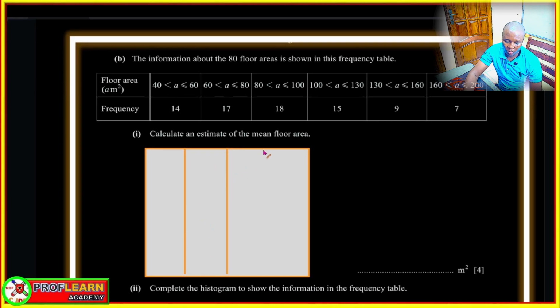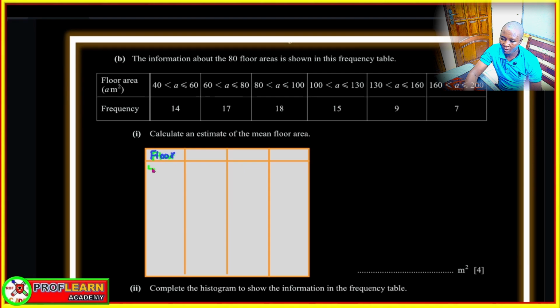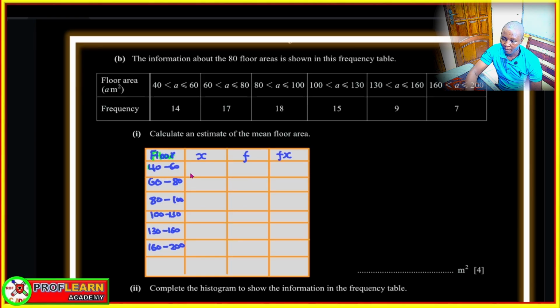So the first thing we need to do is find the midpoint. Of course, the midpoint, we're going to call it X. This is the floor area classes. These are the classes that were provided in this particular question. Then we have the column for X. X is the midpoint, which is going to be 40 plus 60 divided by 2, 60 plus 80 divided by 2, 80 plus 100 divided by 2.